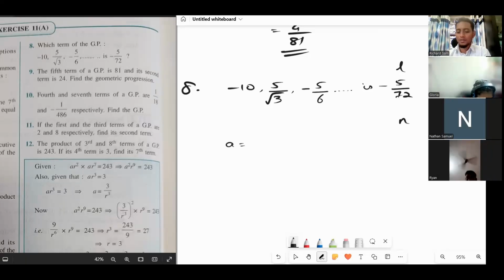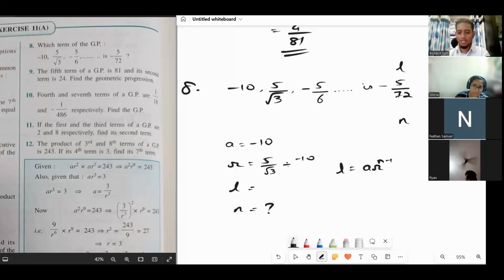So A is what? Minus 10. Find what is R. We have L. Find N. The formula is L is equal to AR raised to N minus 1. Yep. Do it. So R is the same thing. 5 upon root 3 divided by minus 10.